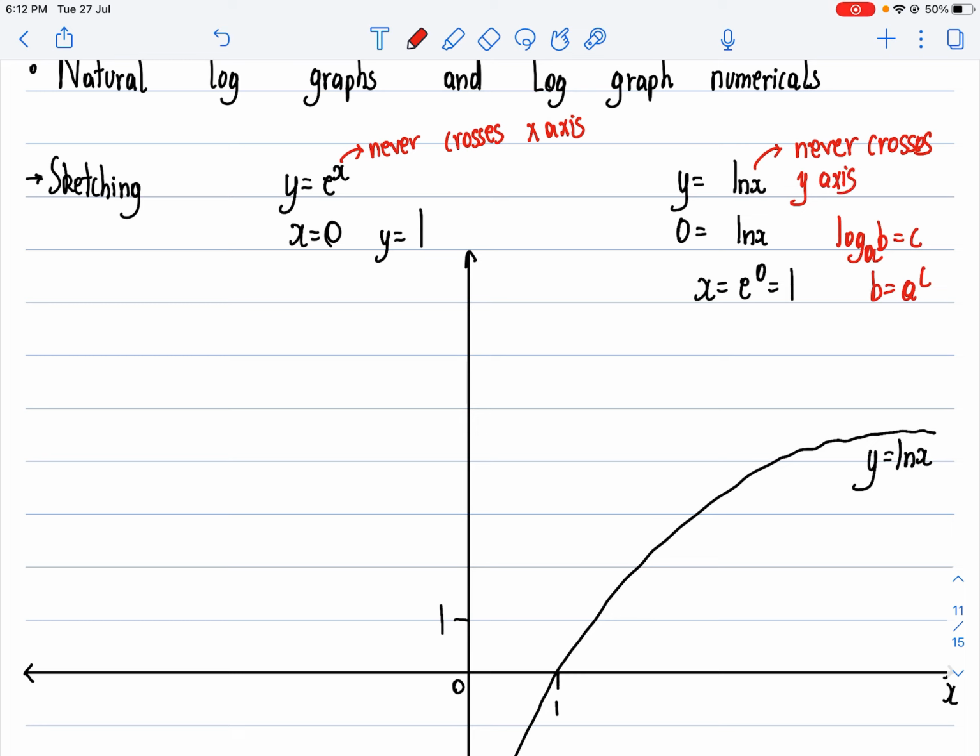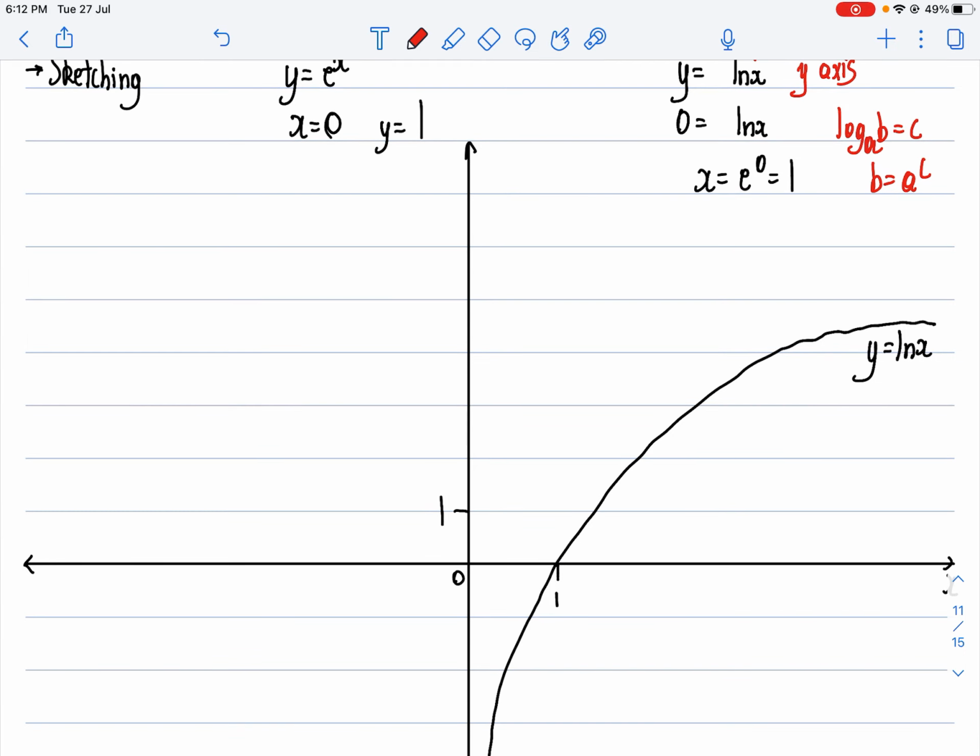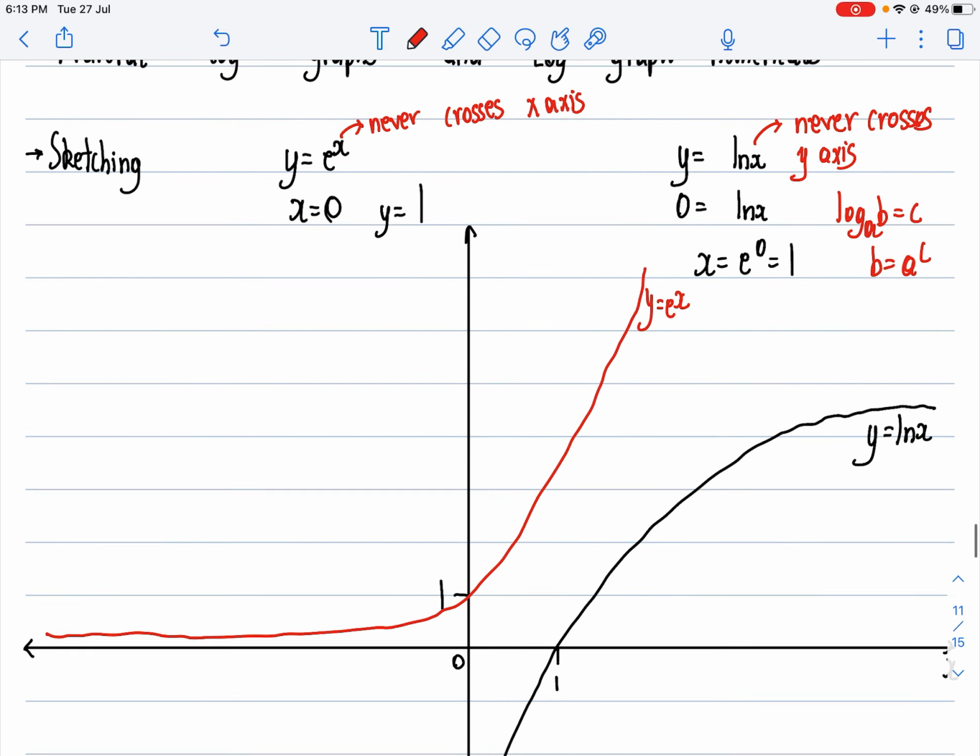Correct, this is what you can simply do. Now how do I graph something like e raised to x? It's basically graphed something like this. So you have your y equals e raised to x. Simple, this is how you do it.